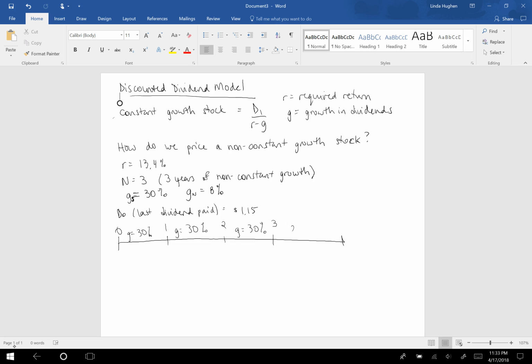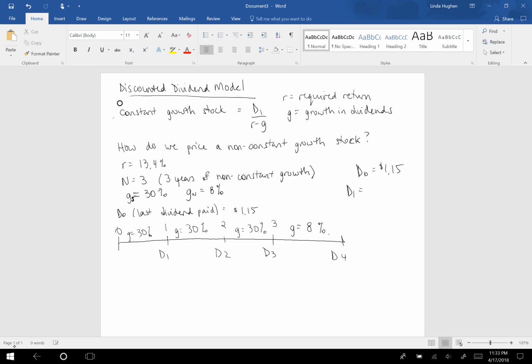After year 3, we say this becomes a constant growth stock where G equals 8%. So we need to figure out what our dividends are. We'll do that over here on the side. D0 was $1.15. So we're not including D0. We assume that was before we purchased the stock. We have D1, D2, D3, and D4 that are all important.